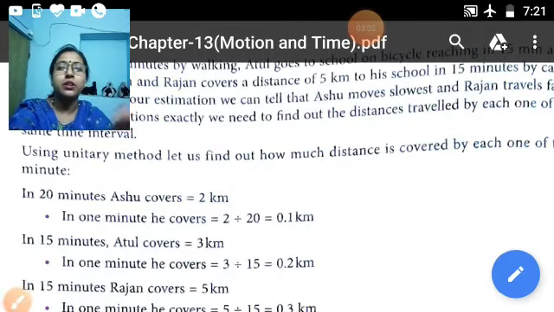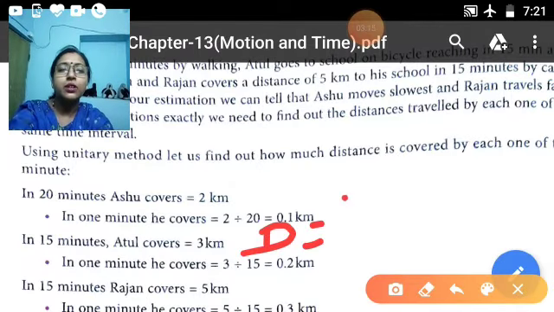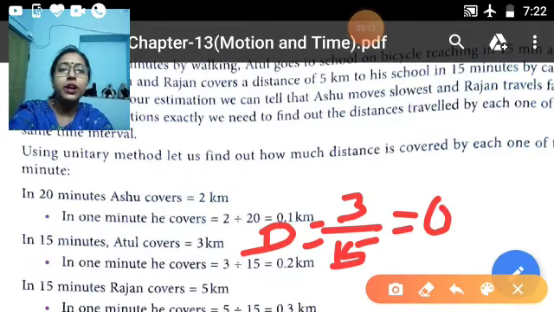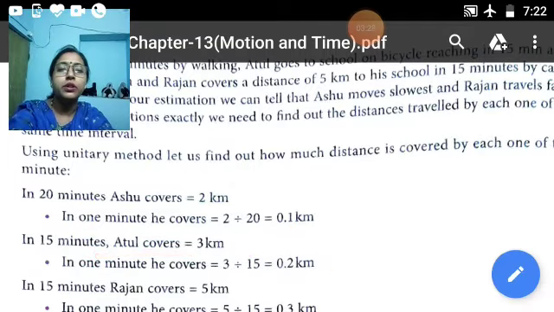Next, in 15 minutes, Atul covers 3 kilometers. So in 1 minute, the distance will be 3 divided by 15, which is equal to 0.2 kilometer. So in 1 minute, 0.2 kilometers.